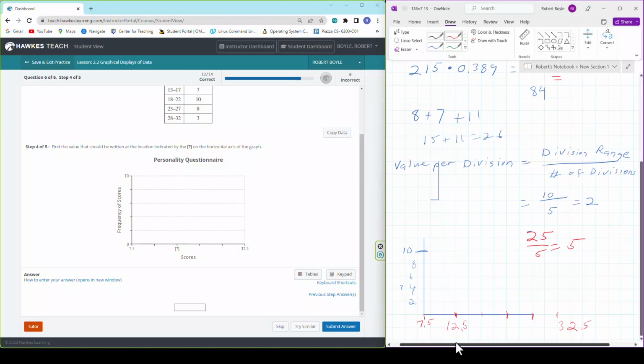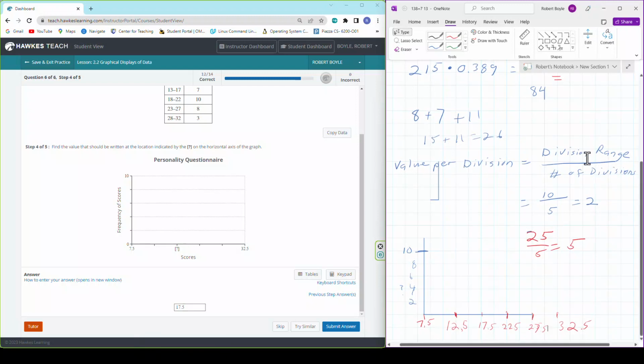This will be 17.5, which is what we're looking for here. Then this will be 22.5. This will be 27.5, and then finally 32.5. So that's pretty much how that works out.